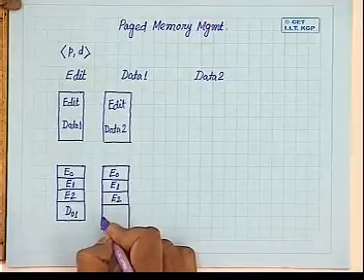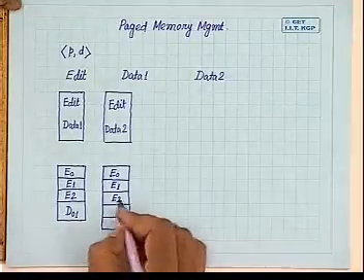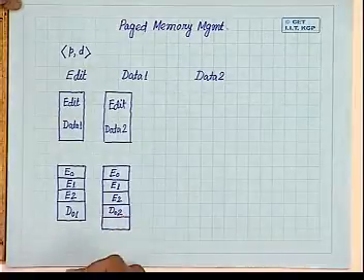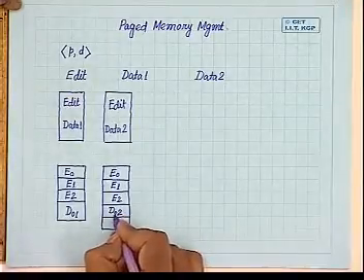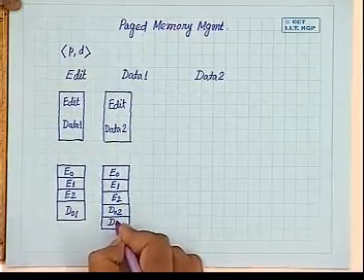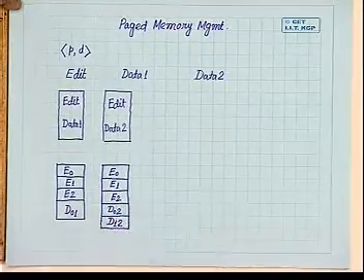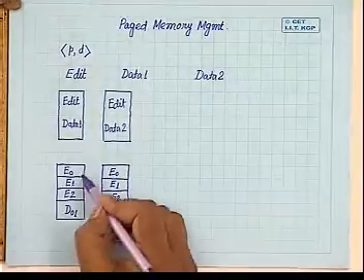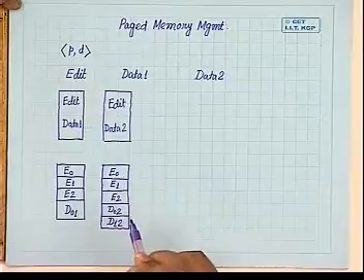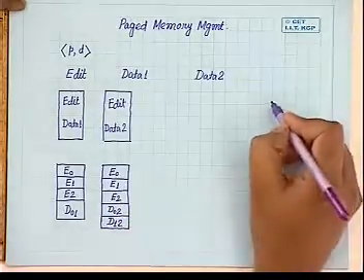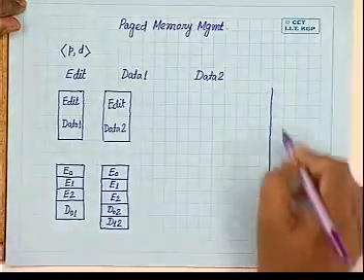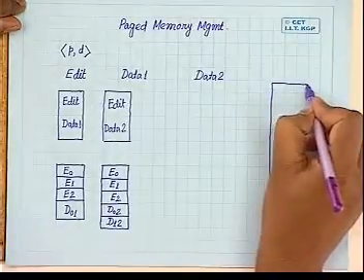The data part, if it is broken into 2 different pages, will be D02, for user 2, data page number 0, and D12. So this is the logical address space of user 1 and this is the logical address space of user 2. Now coming to the main memory, the frames in the main memory can be something like this.